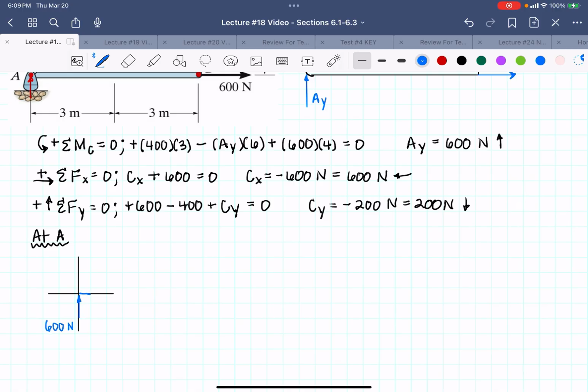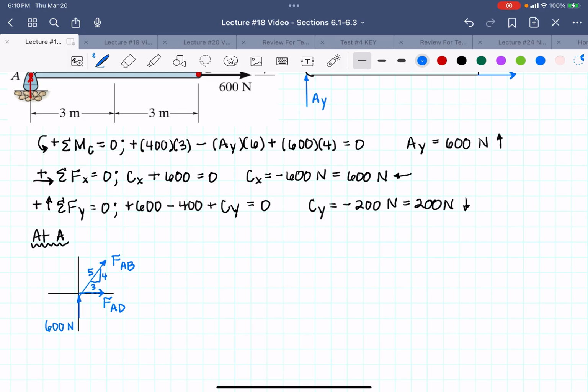I've got FAD going straight off to the right, and then going up and to the right, I have FAB, and I'm going to draw its similar little triangle, which I've got the information for on the labeled truss. So its similar triangle is going to be a 3 in the X, a 4 in the Y, which means that the hypotenuse is going to be 5.